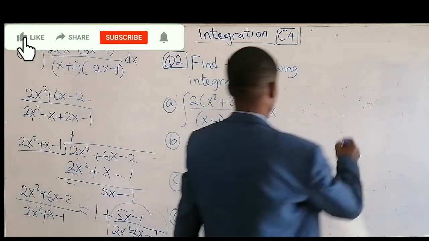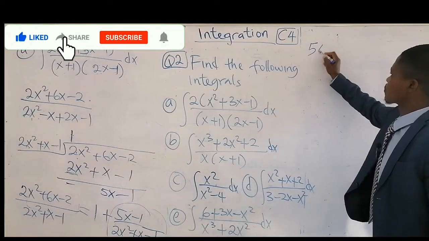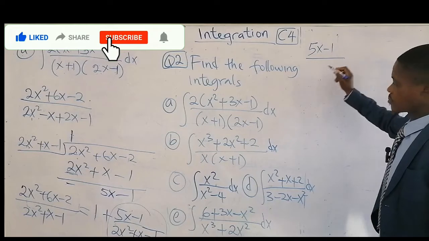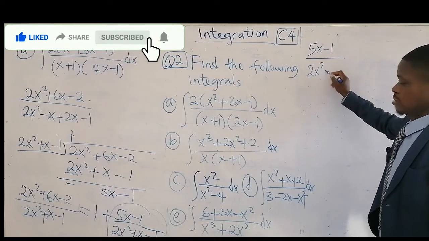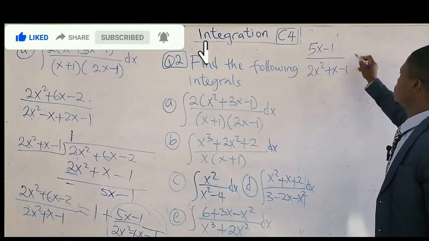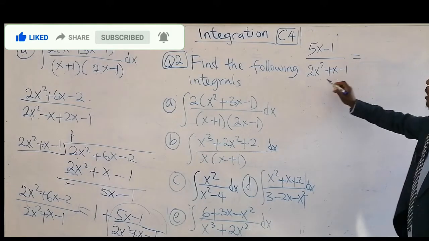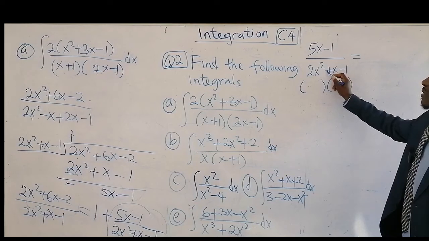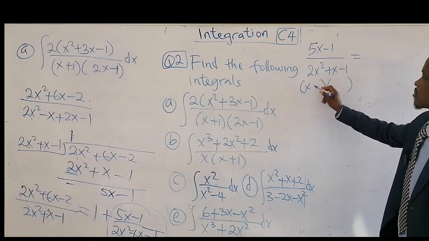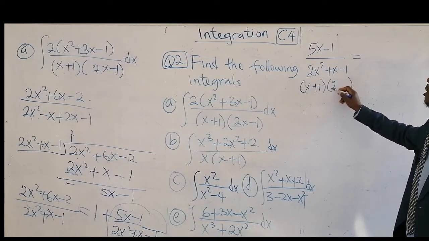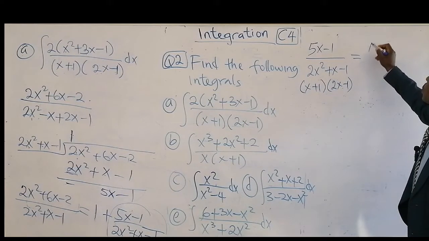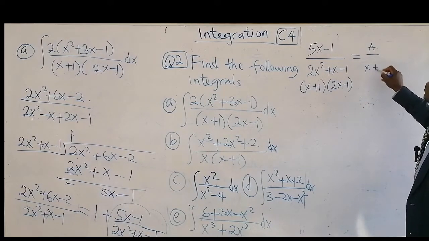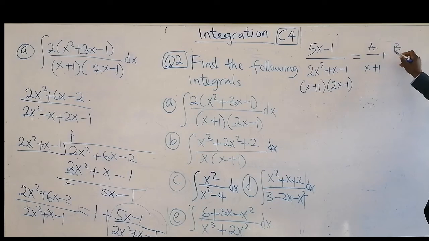So let's take that. So we now have this over this 2x squared plus x minus 1 is equal to, don't forget this one has two expressions. This denominator is the same as x plus 1 and then 2x minus 1. So this will be A over x plus 1 plus B over 2x minus 1. Okay?